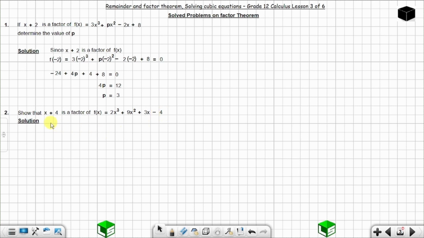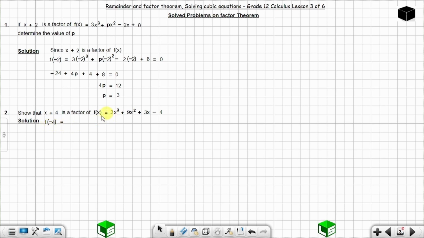Okay, so you are going to take f of negative 4. You are going to plug negative 4 wherever you have x and see if you can get 0 as your remainder. If you get 0 as your remainder, it means x plus 4 is a factor of this f of x. So take f of negative 4.